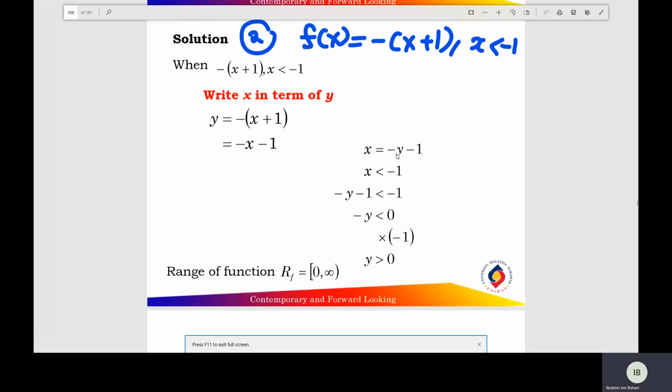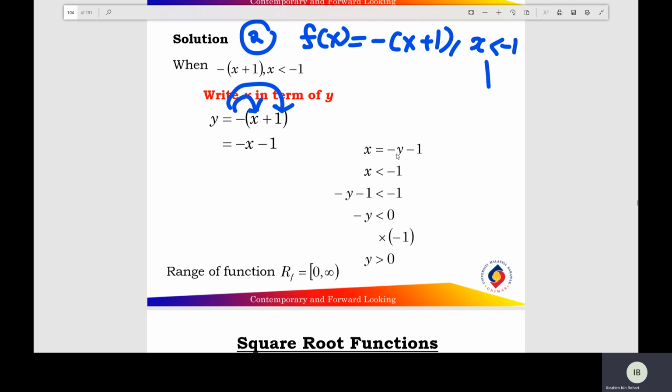Okay, and then you let the function y equal negative x minus 1, and the domain of the function is x less than negative 1.